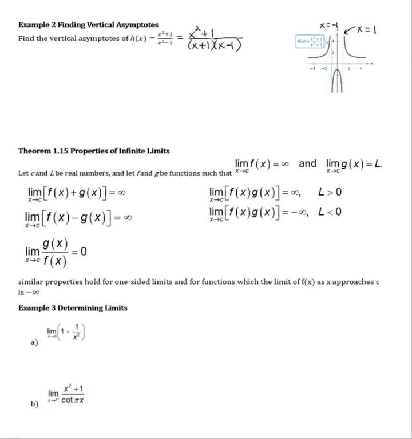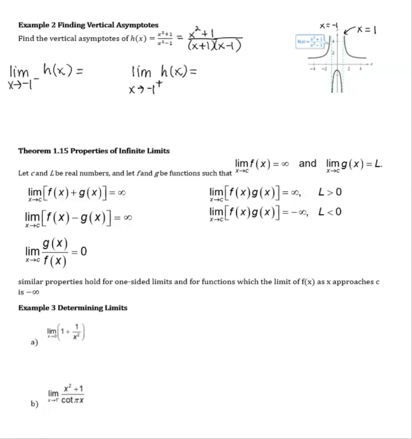To show that x is equal to negative 1 is a vertical asymptote, I need to consider the limit as x approaches negative 1 from the left of this function, and the limit as x approaches negative 1 from the right of this function. In order to show that something is a vertical asymptote, we need to be able to say that as we approach from the left and the right, the function's shooting up or down to positive or negative infinity.